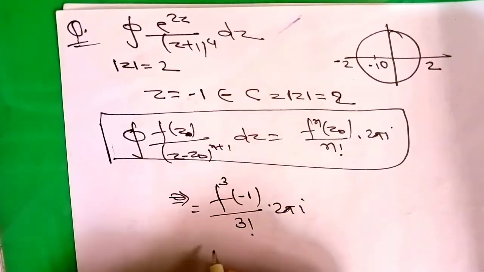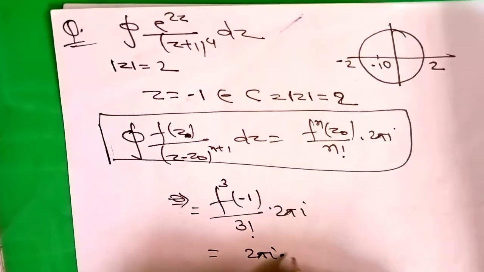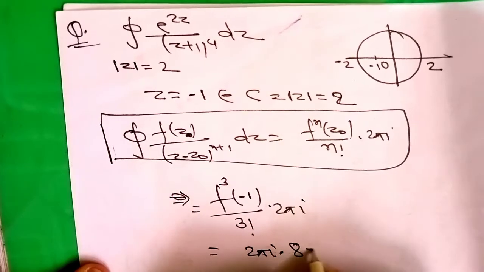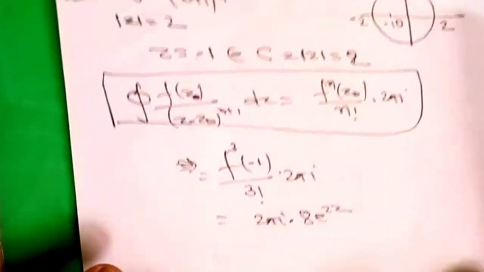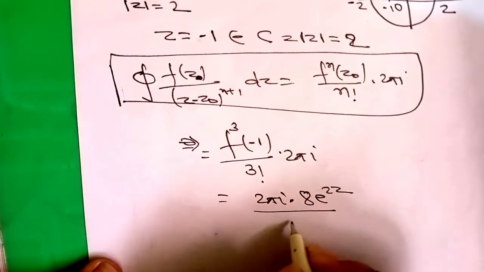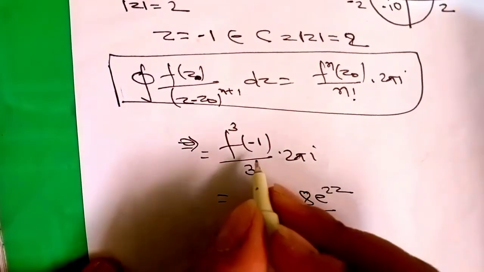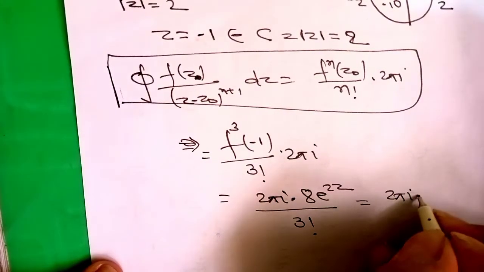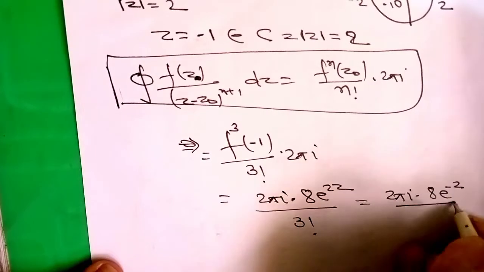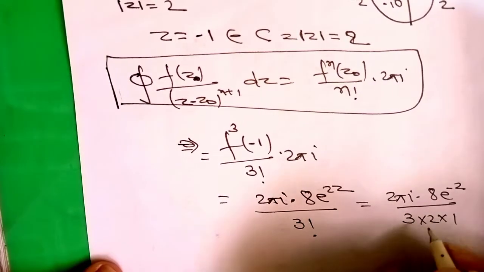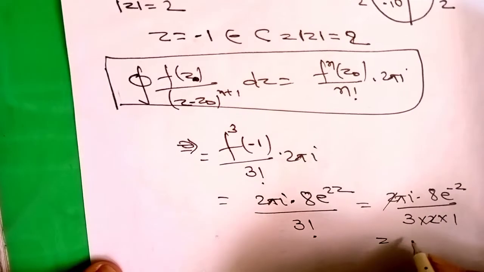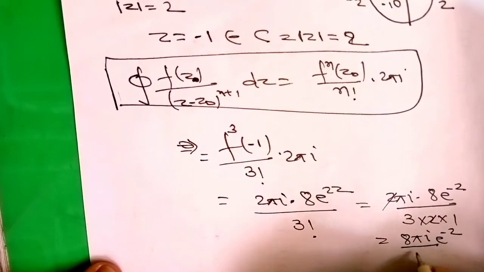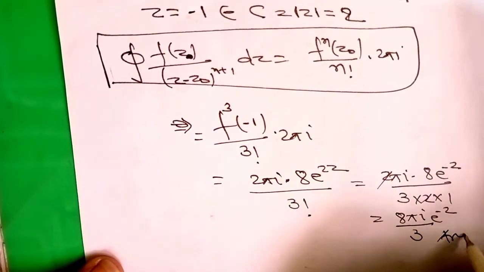Differentiating thrice, we get 8e^(2z), and this will become 3 factorial. After putting the value minus 1 in place of z, we get 2 pi i, 8 e to the power minus 2, upon 3 into 2 into 1. The 2 gets cancelled, and this will become 8 pi i e to the power minus 2 upon 3. So this is the answer.